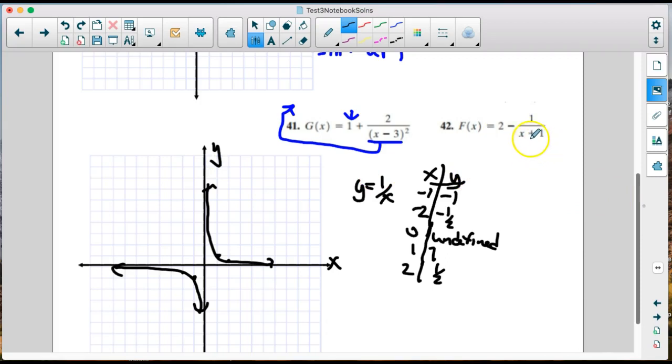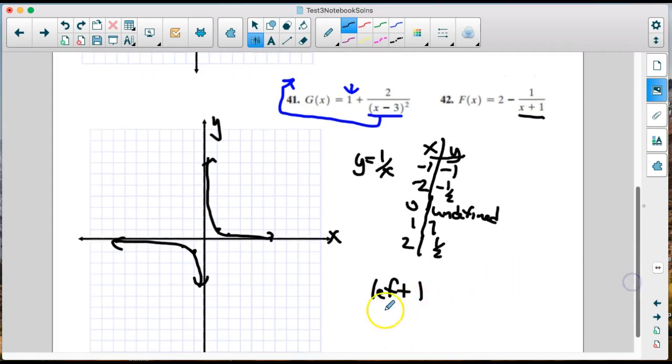Now in this one we're going to shift left 1. We don't stretch it at all, but there's a minus here, so that's going to reflect on the x-axis.